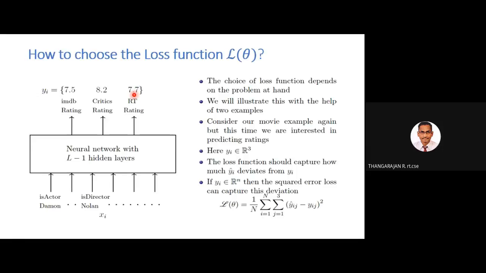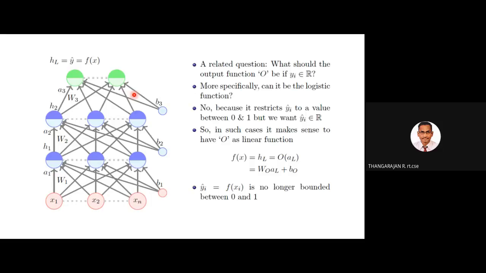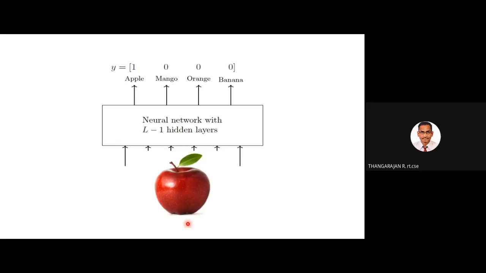In classification, we can also have categorical outputs. For example, I can talk about fruits. Here I give a fruit as input, and I say whether it's an apple, mango, orange, or banana. I want to categorize what kind of fruit it is. This is categorical. If the first element of this array is 1, it means apple; if the second is 1, mango; the third, orange; the fourth, banana.